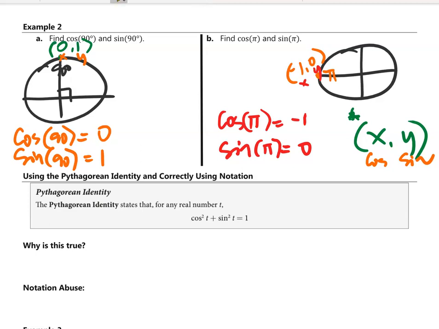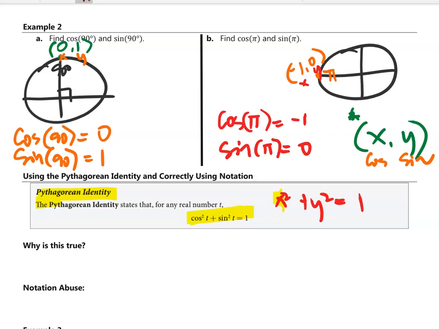Okay, next is using the Pythagorean identity, and it says that for any real number t, cosine squared t plus sine squared t is equal to 1. So remember the Pythagorean theorem, x squared plus y squared is equal to 1. Since cosine is x, sine is y, so x squared plus y squared is equal to 1. Why is this true?